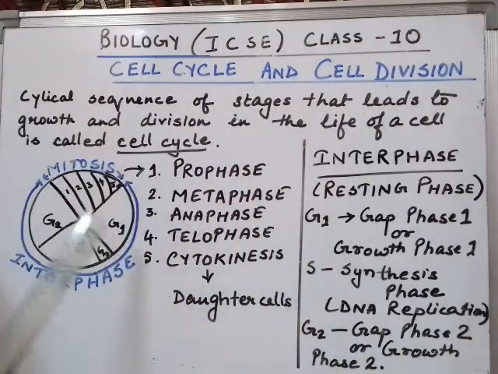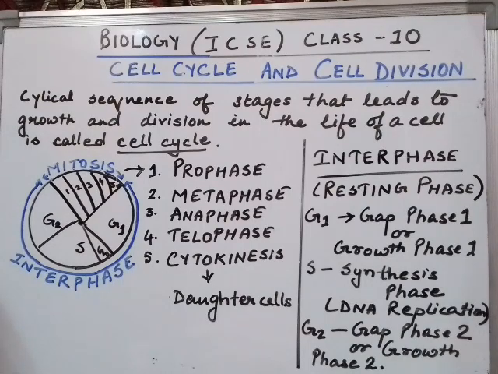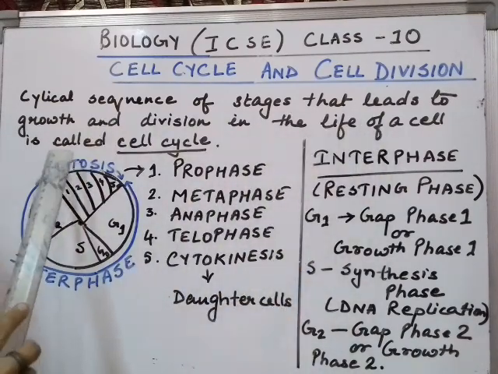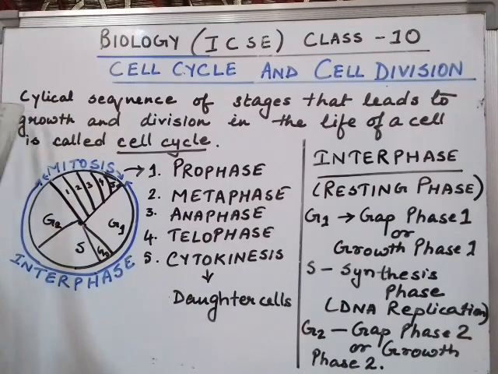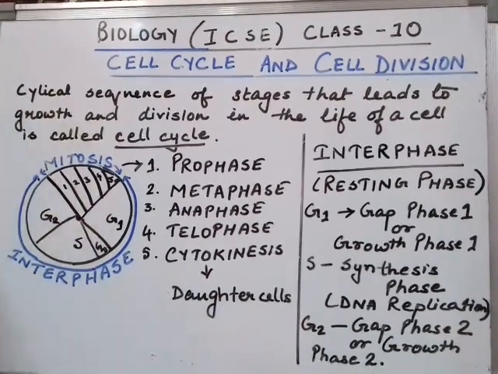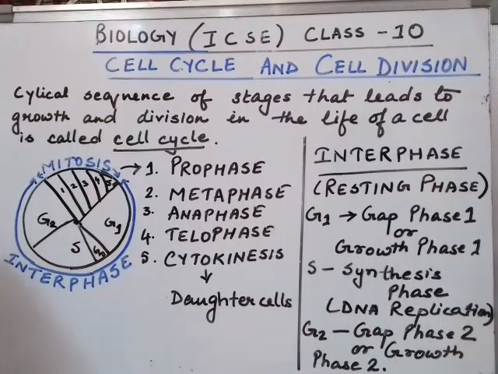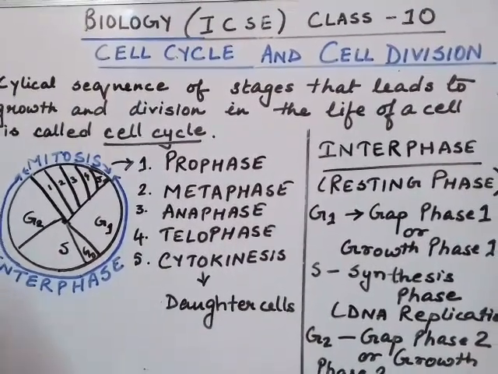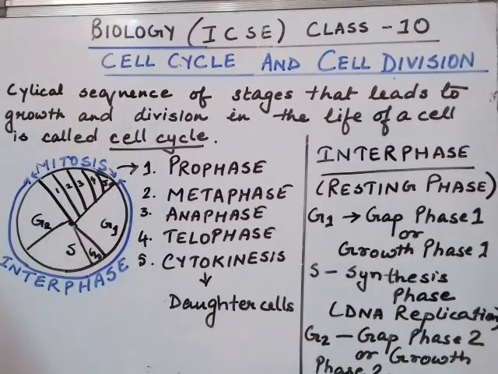We need to understand what the cell cycle is first. A cyclical sequence of stages that leads to growth and division in the life of a cell is called the cell cycle. Now we understand the word cyclical: like repeated, a division continuous in a cyclical manner, it goes on, that leads to growth and division.